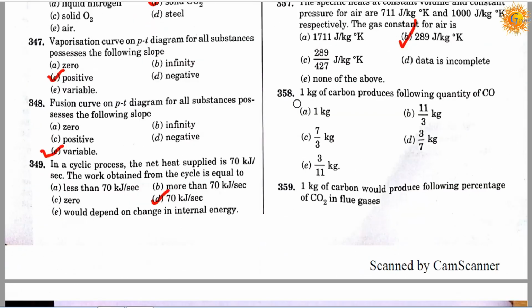Question number 358. 1 kg of carbon produces following quantity of carbon monoxide. Option A 1 kg, option B 1 upon 3 kg, option C 7 upon 3 kg, option D 3 upon 7 kg, option E is 3 upon 11 kg. So correct answer is C, it will be 7 upon 3 kg.